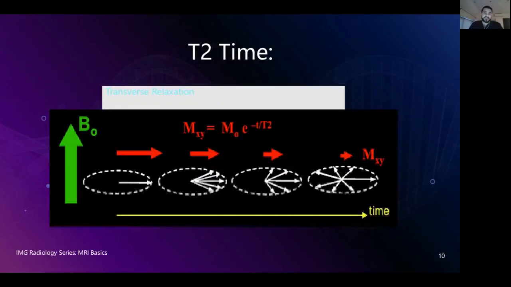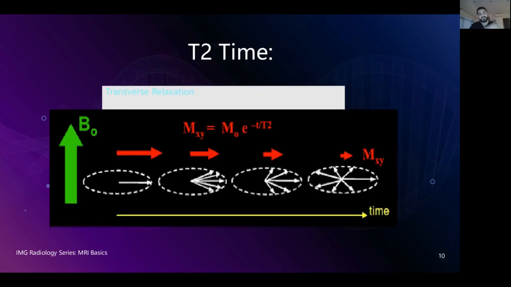The second concept is T2 relaxation time, or T2 time essentially, and that's called the transverse relaxation. All right. So in the first image, if we focus on the white circle, we can see an arrow pointing in a particular direction.